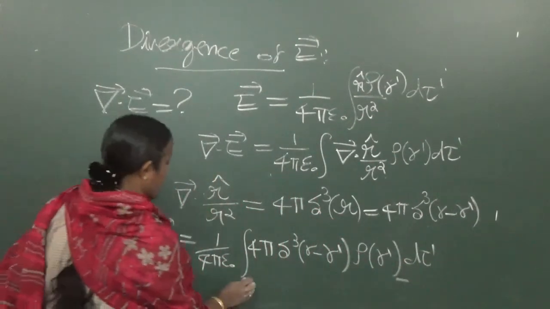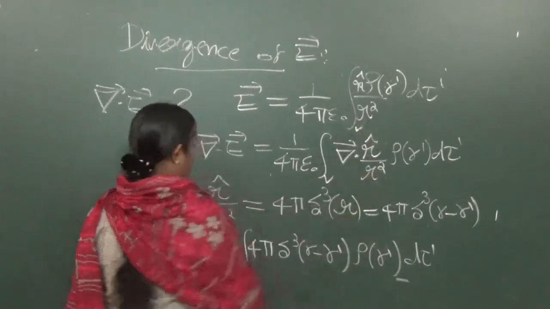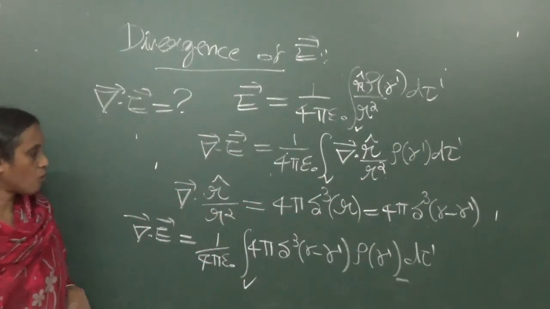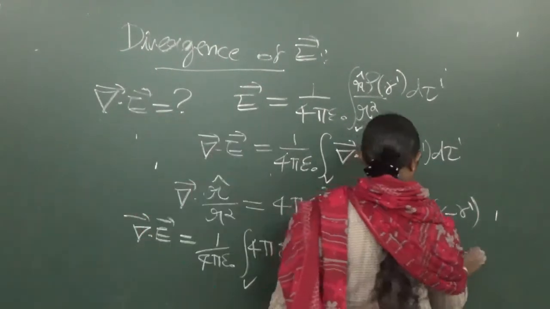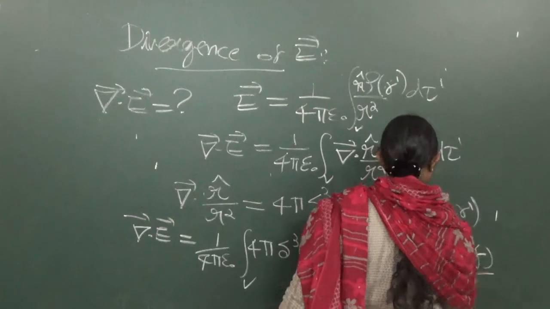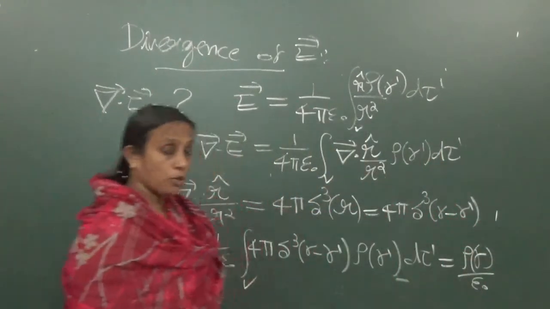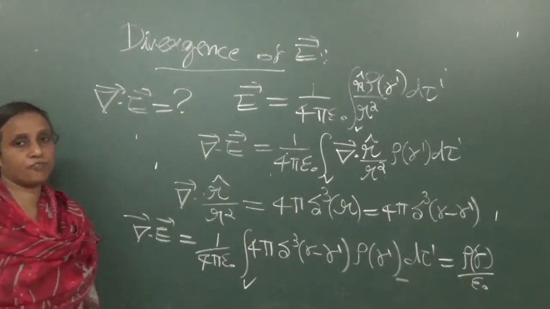Okay, this integration is over the volume V. Now you get from this expression 4 pi rho of R by epsilon 0, and with the prefactor, rho by epsilon 0. This is the Gauss law in differential form.